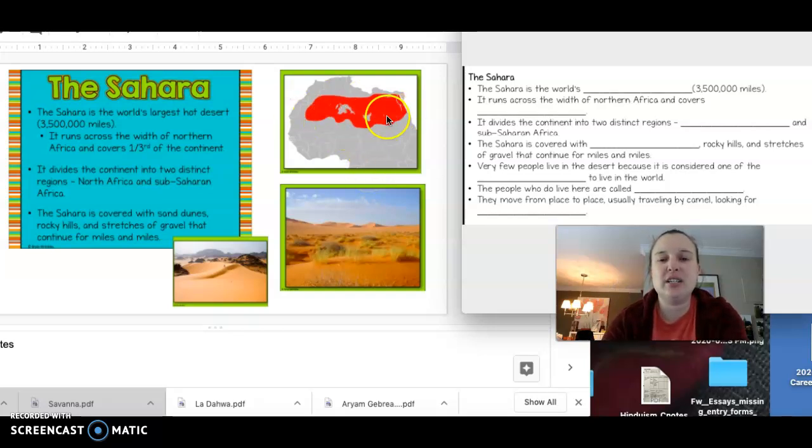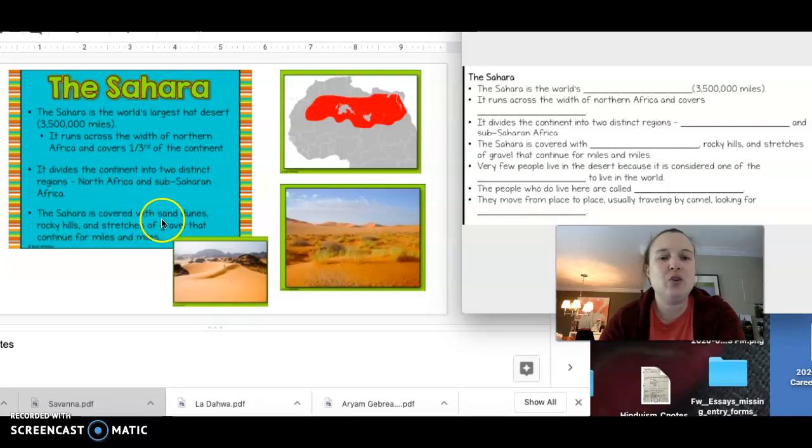And the Sahara Desert, we would say, is in northern Africa. So it separates the land into northern Africa and sub-Saharan Africa, which includes the west, the east, the central, and the south. So the main point is that the Sahara is in the northern part of Africa.